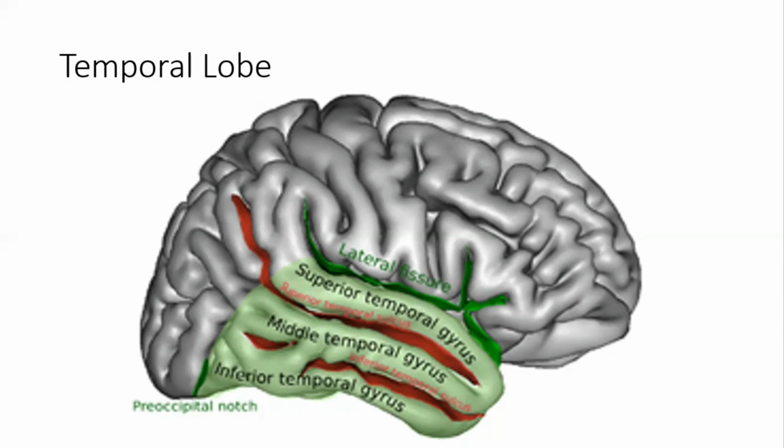Superior temporal gyrus, middle temporal gyrus, and inferior temporal gyrus, as you can see in this picture. And the sulci that separate them are just like in the frontal lobe. We have the superior temporal sulcus and inferior temporal sulcus that separate these three from each other.